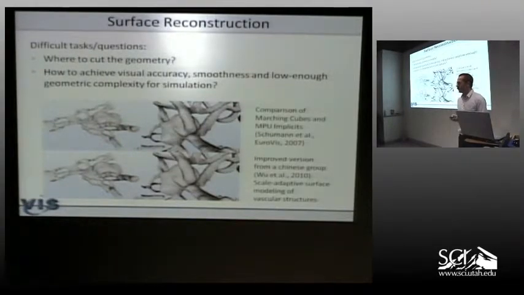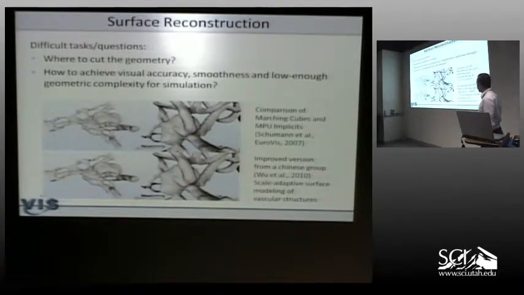That was, for example, visualized with this MPU implicit variant. And we basically interpreted the boundary of the segmentation result as a point set and then could apply this method as well. When you compare this with the marching cube results, it leads to better results, and we can control the accuracy quite well, so we can rely on the fact that we don't introduce considerable error here.